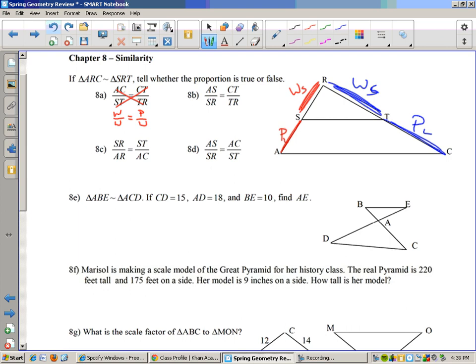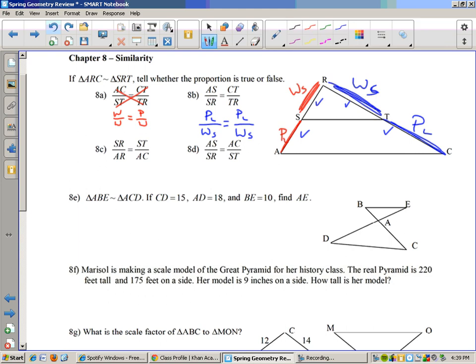So do they correspond? Let's start with that. Yes, this is red. The two red ones are from the same corresponding locations. The two blue ones are from the same corresponding locations. Okay, and if I set this up, what I get is part of the large to whole of the small equals partial of the large to the whole of the small.